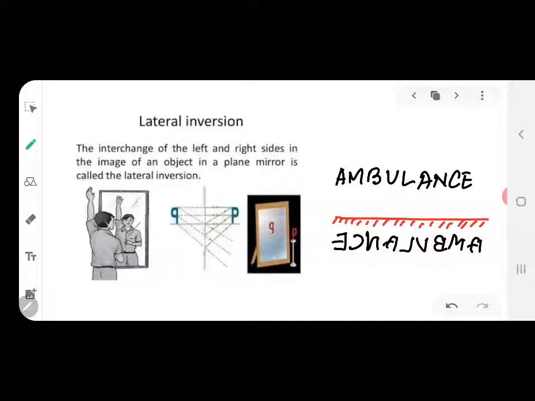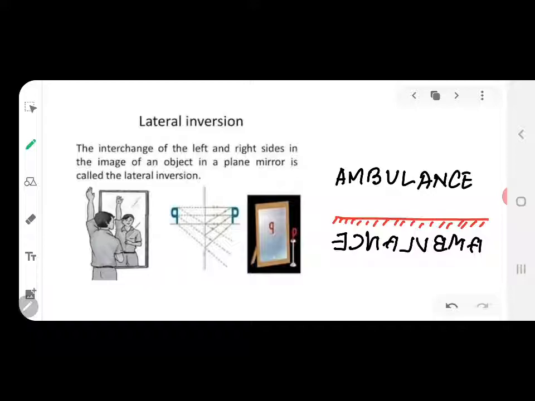That's why the word ambulance is written already in an inverted manner, so that after lateral inversion from the side view mirror of the vehicle driving in front of the ambulance van, the driver concerned can easily identify the word written. So this is one of the applications of the phenomenon of lateral inversion.